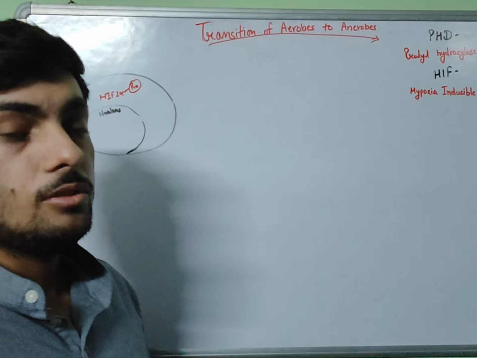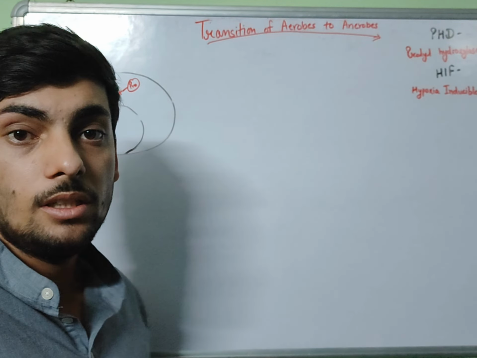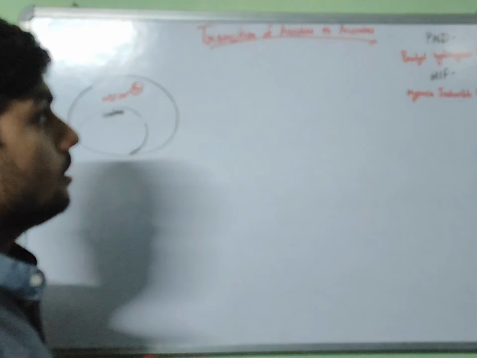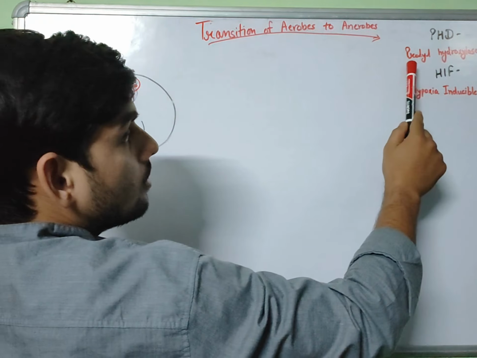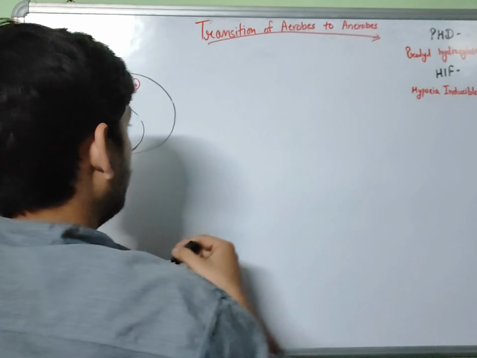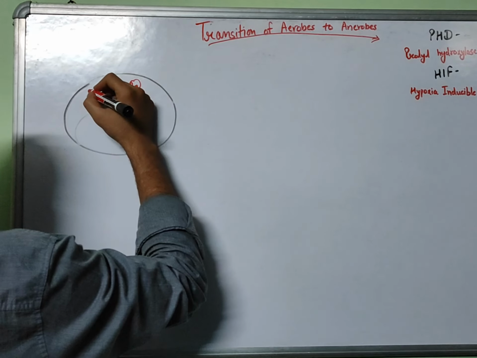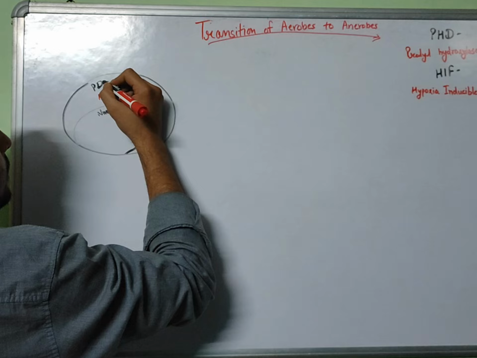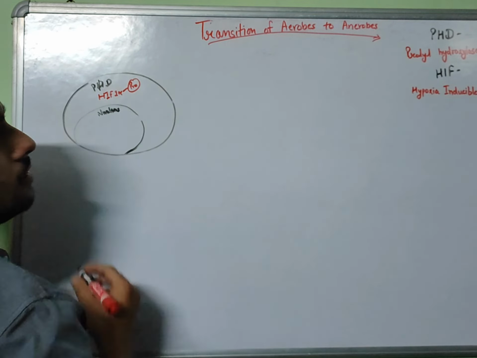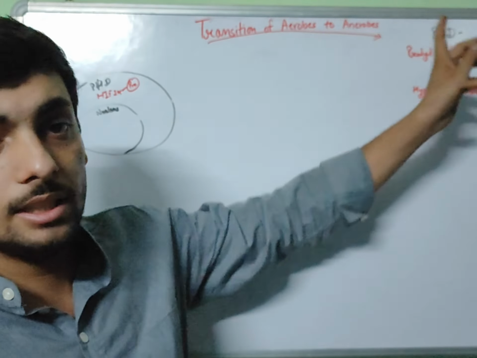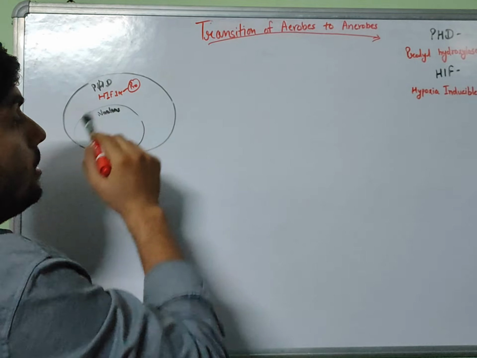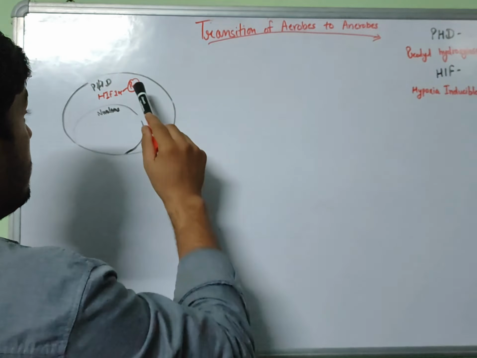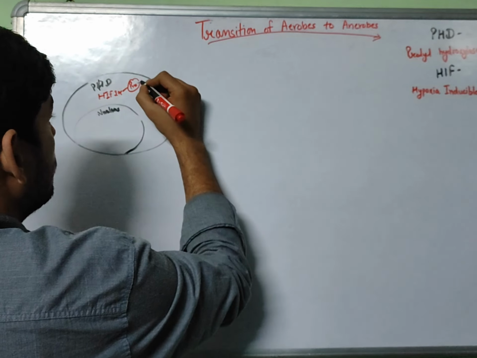Under normal condition, when the oxygen level is normal inside the bacterium, PHD, the prolyl hydroxylase enzyme, comes and hydroxylates this proline, OH.